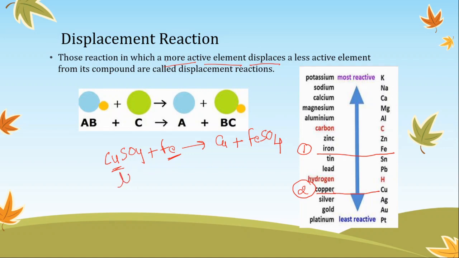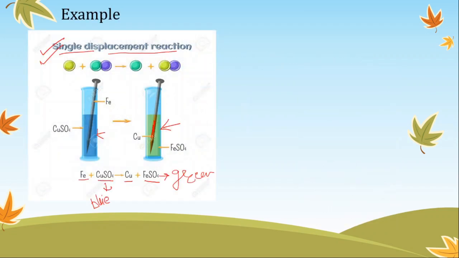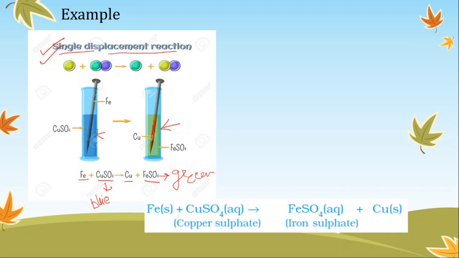The less active metal solution, that is copper sulfate, when it was kept with the iron nail, which was lying at a higher position in the activity series, iron will now displace the copper from its solution and form a new solution of FeSO4, and the brown deposition of copper will be there on the iron nail. So this was the example of displacement reaction.